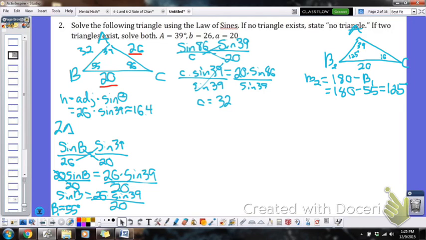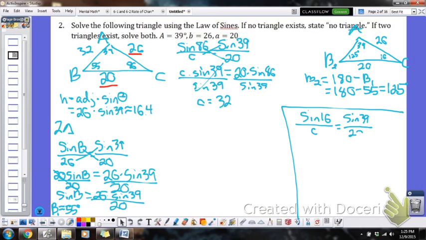So let's go back to the second triangle. Now again, we were given side B. That does not change. That's still going to be 26. So the last thing we need to do is find little c for this one. So again, I'll use the law of sines. So the sine of C, so the sine of 16 over little c will be equal to the sine of A, so the sine of 39, over 20. Do your cross multiplication.